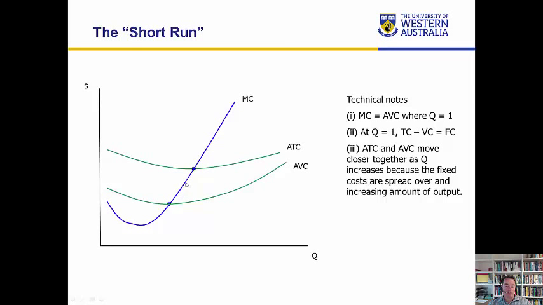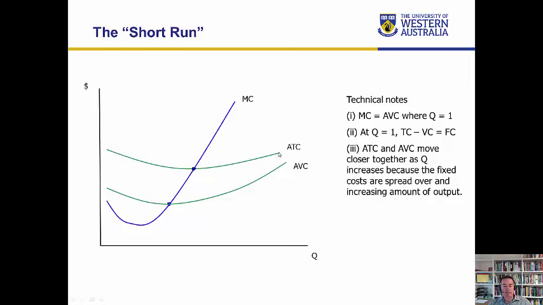As marginal cost rises above the average variable cost, these marginal costs of production begin to drag average variable cost back up. And so that's really the motivation behind the shape of the AVC curve.